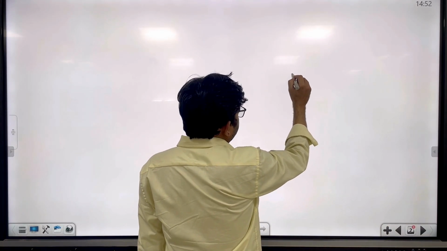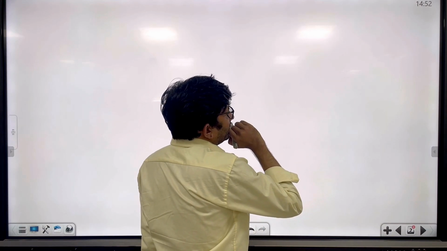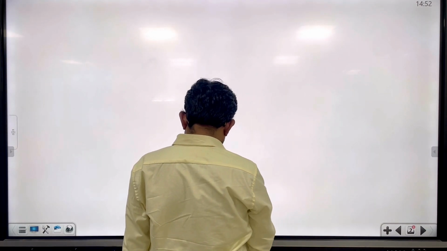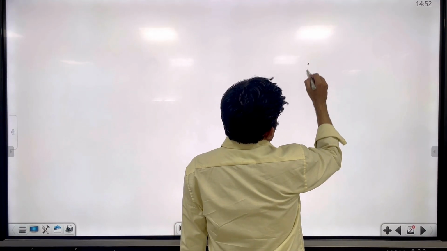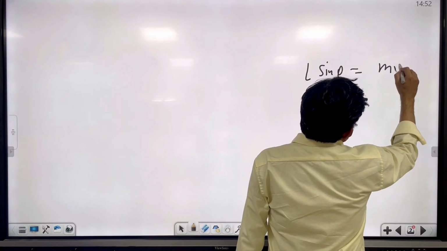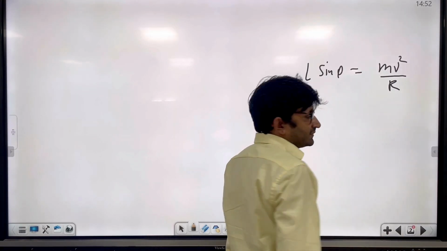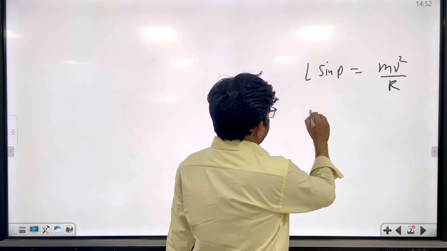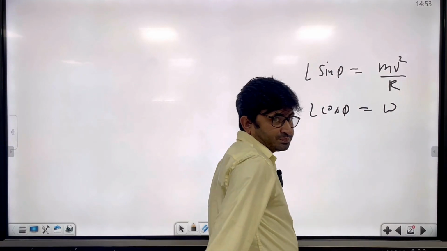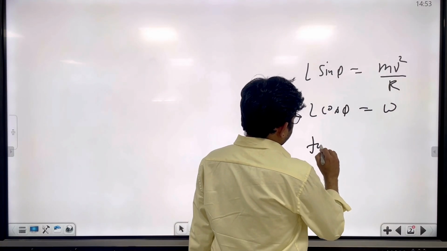We know that when you take a bank, L sin phi equals m v square by r, right? And L cos phi equals W. So you divide both equations.